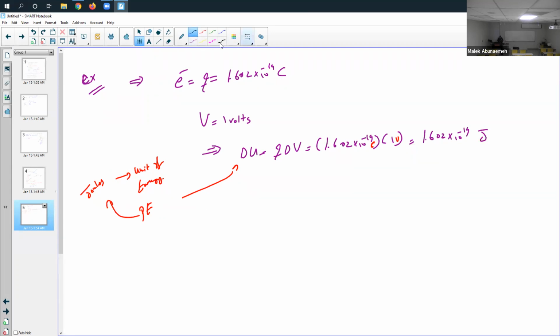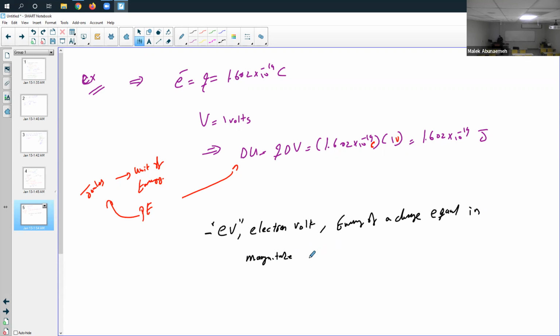And that's where we actually talk about the electron volt, eV, which is the energy of a charge equal in magnitude to the electron charge that passes through a potential difference, which is your volts.